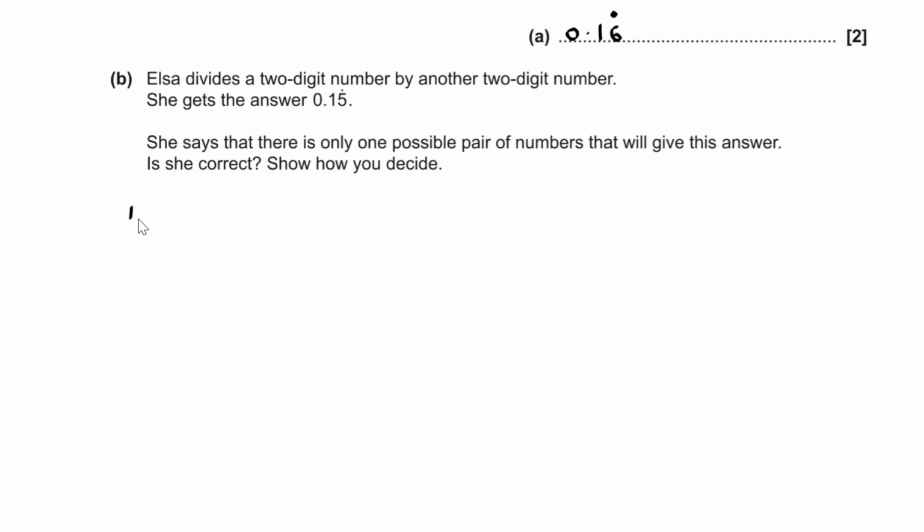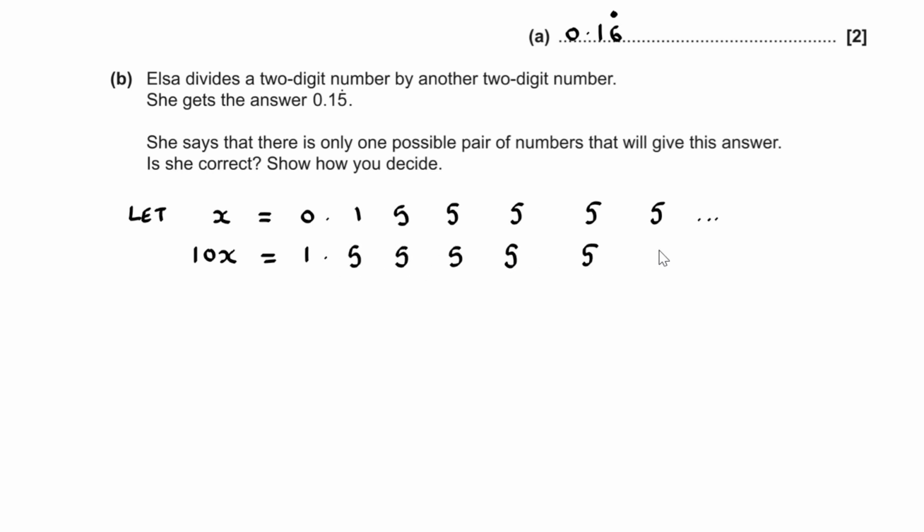So what we will do is we will begin by letting x equal 0.155555, etc. And because we've got one digit repeating, 10x is equal to 1.555555, etc. So if we subtract these, then you can see 9x, that's equal to this, take away this, well, these cancel out for us.